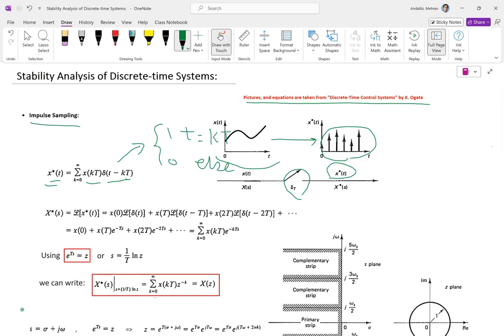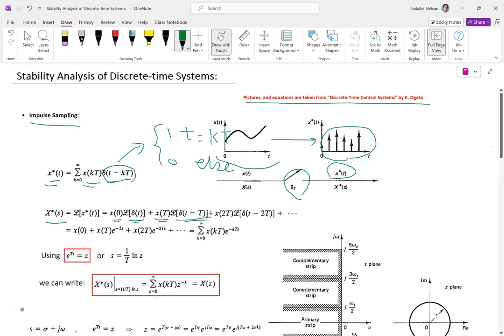Now, if we want to look at the Laplace transform of this x star t, which we call capital X star of s, basically we need to apply the Laplace to the delta function, right? Because clearly these x of kT are just some numbers. So if you expand it, it is going to be x of 0 times Laplace of delta of t, then x of T times Laplace of delta t minus T, and so on and so forth.